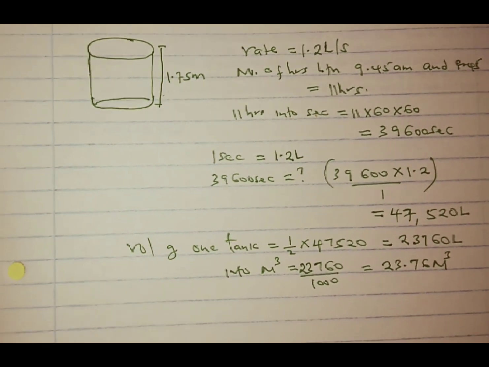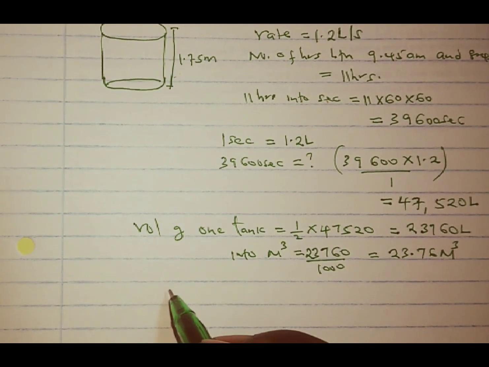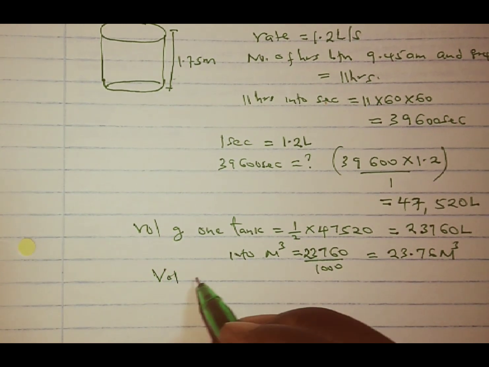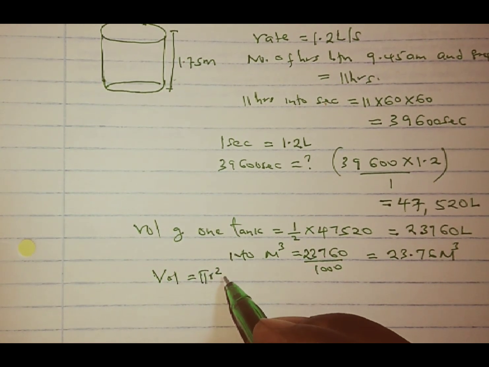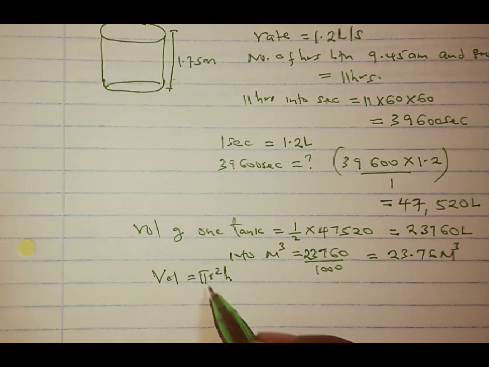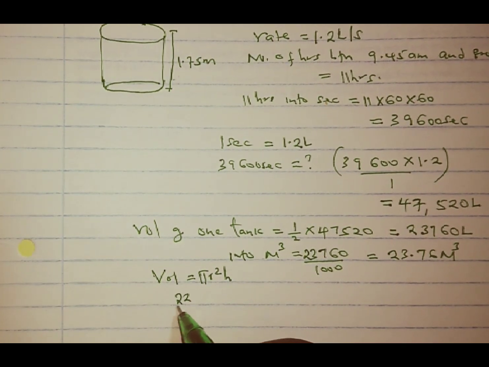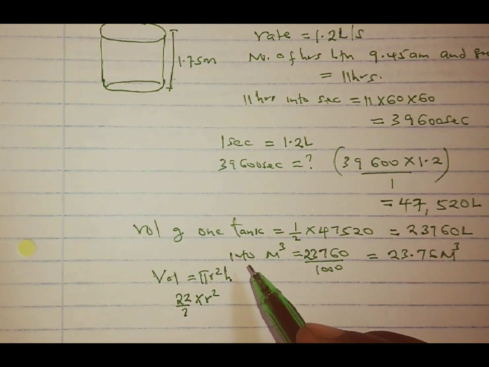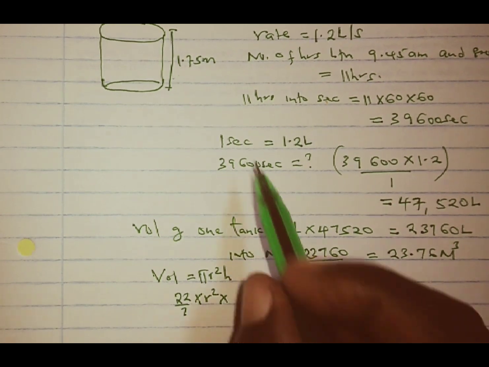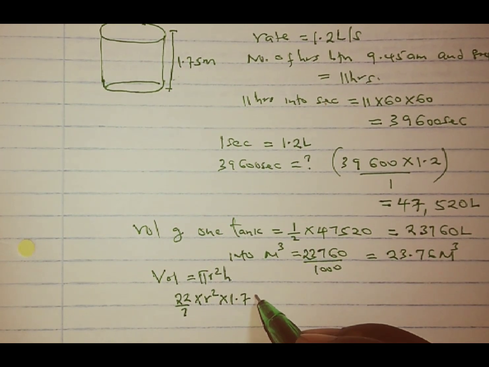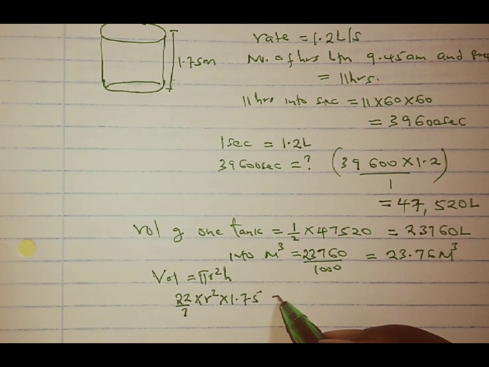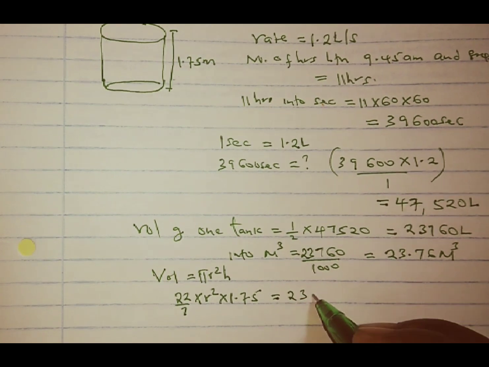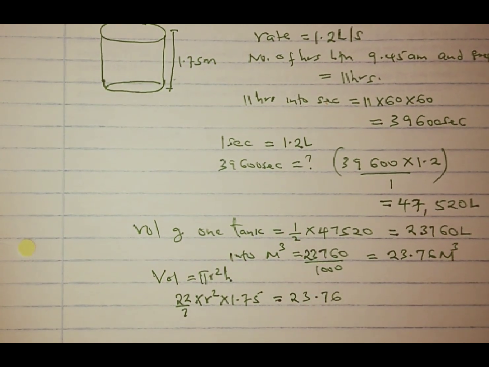In short, we know that the tank is cylindrical, and for us to get the volume, we use pi r squared h. We have pi as 22/7. We multiply by the radius squared because we are looking for the radius. We multiply by the height, which has been given as 1.75, and this is going to be equal to 23.76.